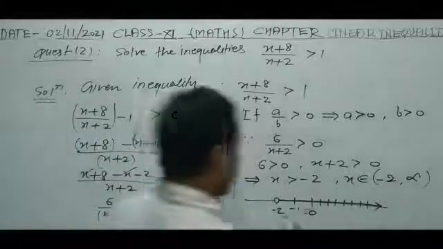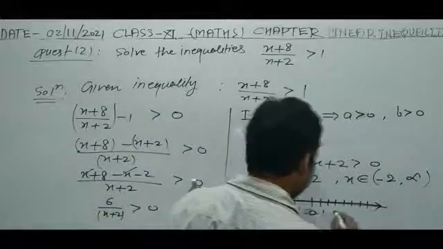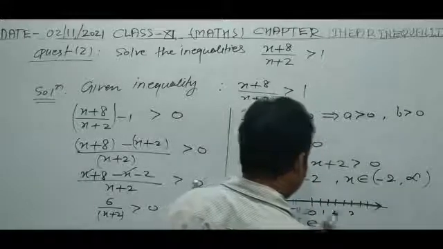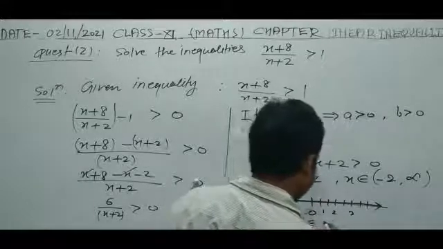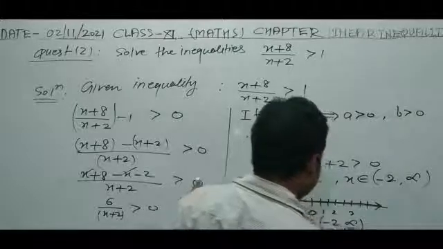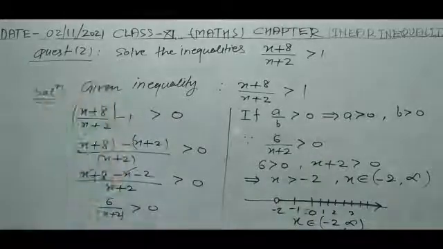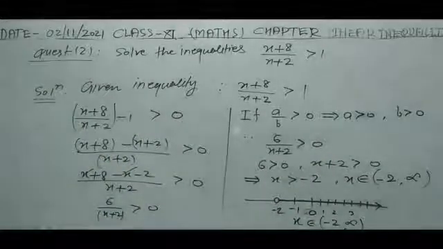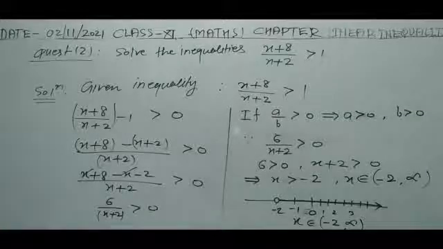This is x is 1, 2, 3, and so on, and x belongs to minus 2 to infinity in open interval. Now this is the answer. In this question we have to find the solution set.